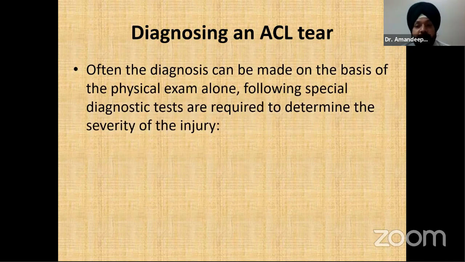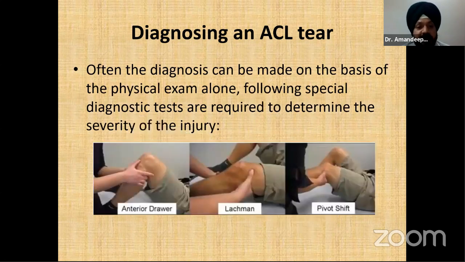Often the diagnosis can be made on the basis of physical examination alone. The following special diagnostic tests are required to determine the severity of the injury: the anterior drawer test, the Lachman test, and the pivot shift test. You must be aware of the procedure of testing the anterior cruciate ligament with these tests.